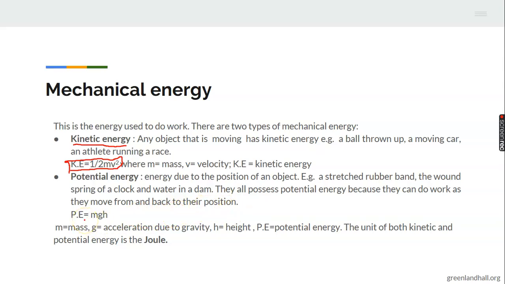So the formula for calculating potential energy is PE equals mgh, where PE is the abbreviation for potential energy, m stands for mass of the object, and g stands for acceleration due to gravity. That one is always constant. They will give it to you as 10 meters per second squared.